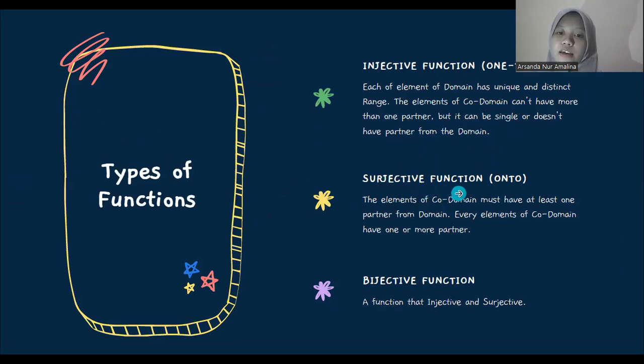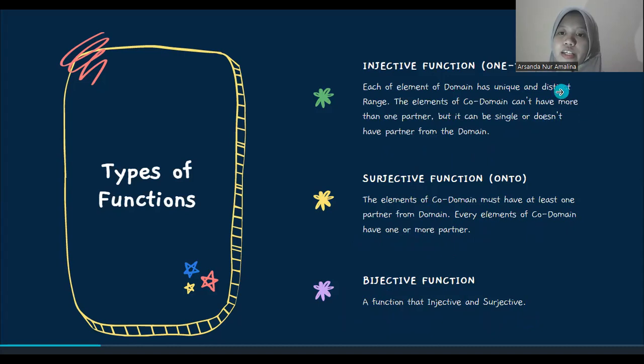While in surjective, every element of the codomain must have at least one partner from the domain, so it has one or more partners. And a bijective function is a function that is both injective and surjective.